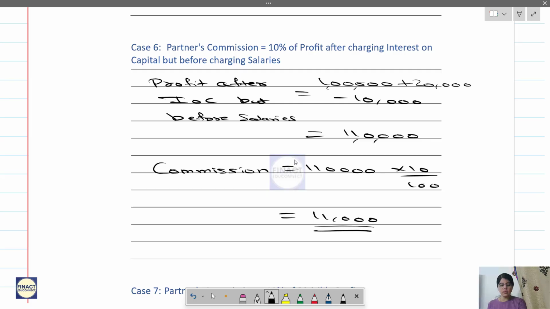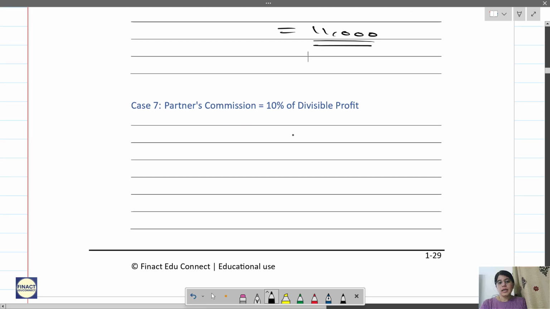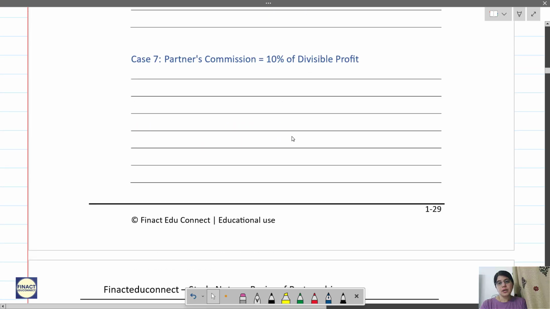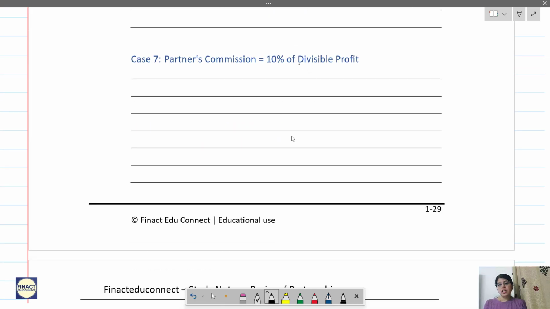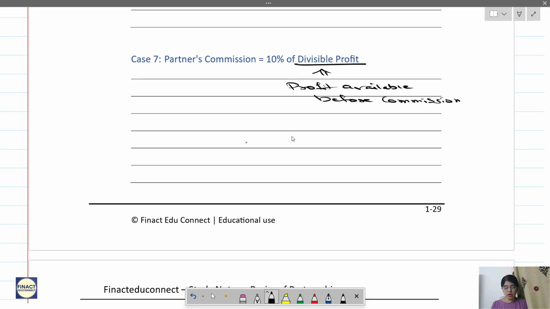Done till here? Now case 7, partner's commission 10% of divisible profit. Understand the meaning of the word divisible profit. Divisible profit is nothing but profit available before commission. So this is similar to case 1, but wordings are different.